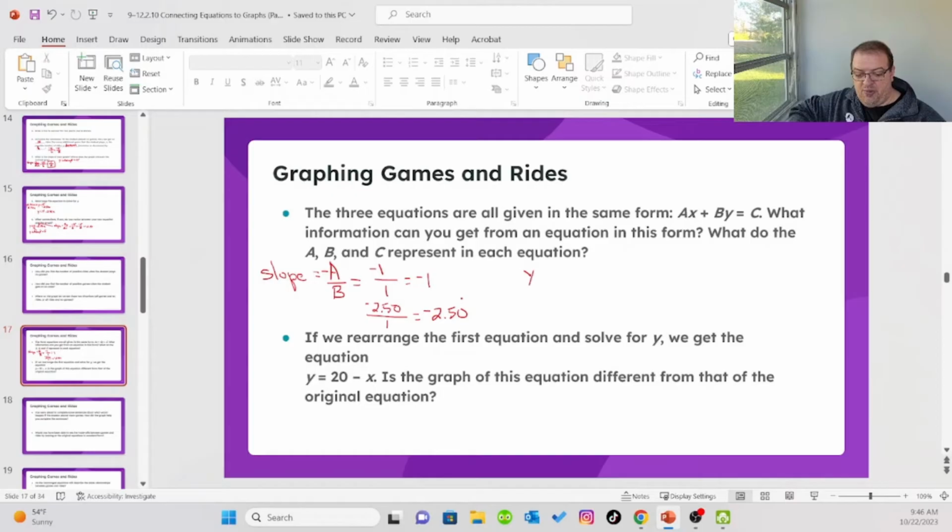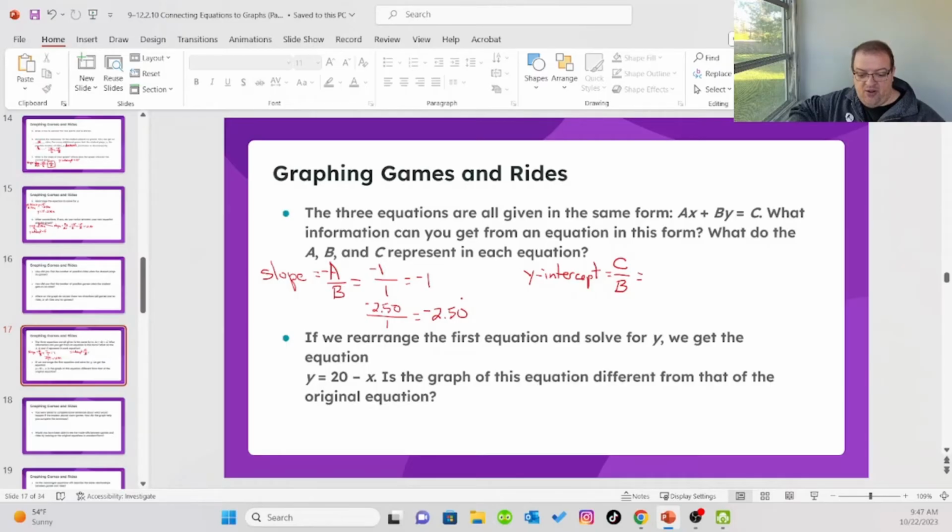Then, when we think about our y-intercept, because rearranging this, we would need to divide anything on the right by b. Our y-intercept would end up being c divided by b.